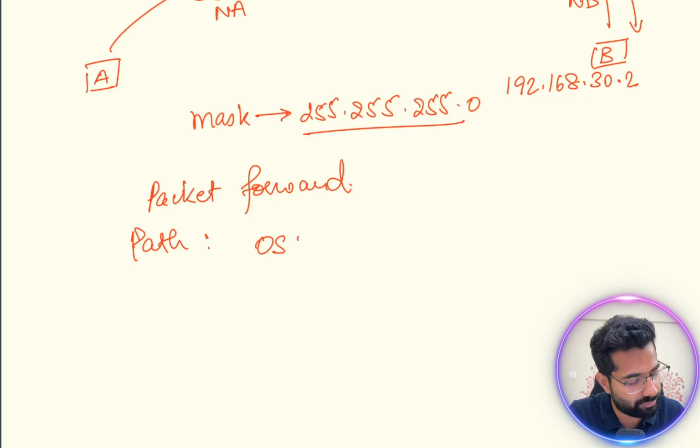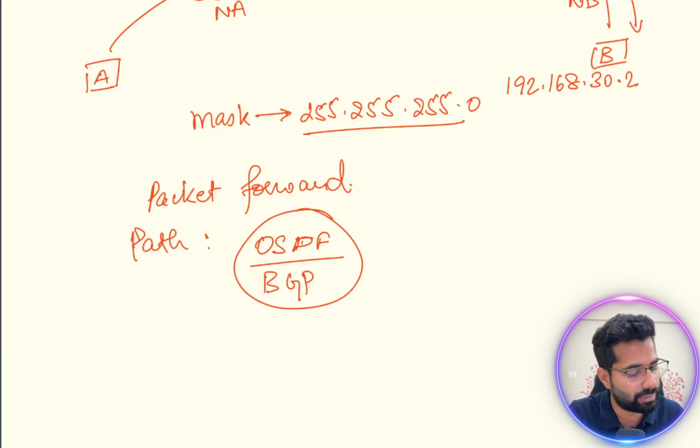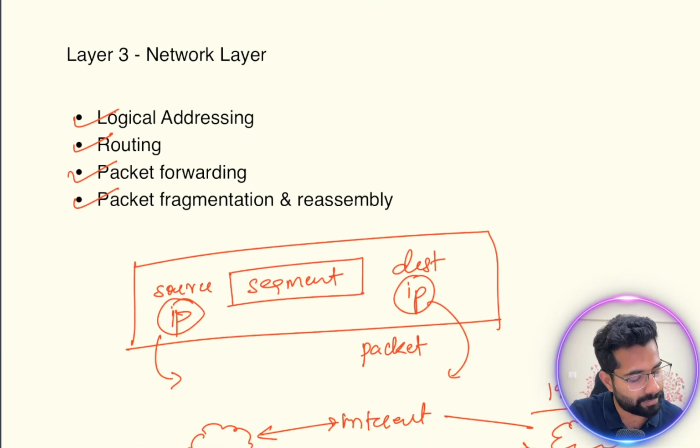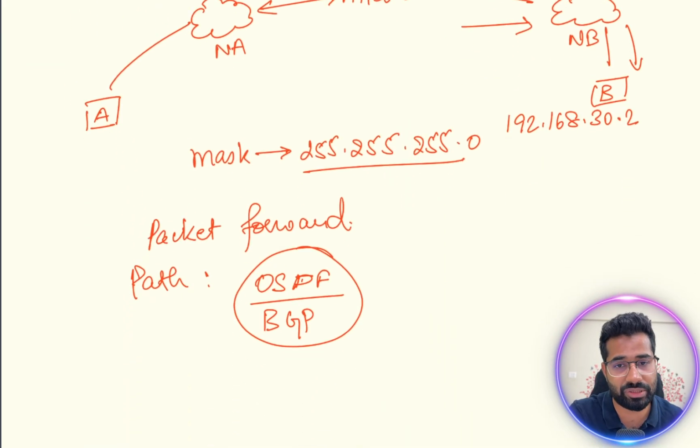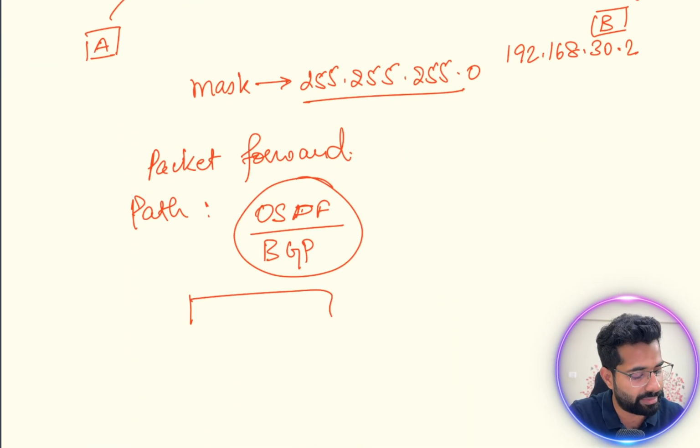Let's say we have OSPF, that is Open Shortest Path First, or BGP, that is Border Gateway Protocol. Using these algorithms, we'll be able to know the path forward. We will also be doing packet fragmentation. If the packets are big, they need to be fragmented based on your network congestion or network bandwidth, and this is also done in the network layer. One packet would be subdivided into multiple packets and then reassembled in the network layer on the destination side.